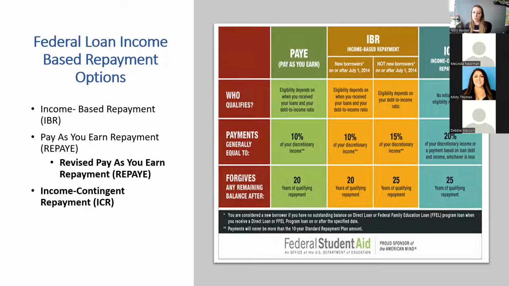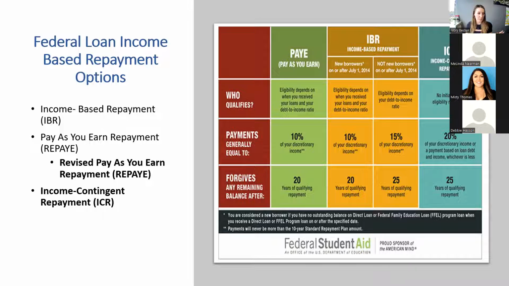All of these options are very similar and have very minor differences. So the main similarity is that they're all based on income and the size of your family and the percentage of your payment versus your income, rather than looking at your loan balance and then determining your payment from there. And all of these options will require you to submit documentation on an annual basis to prove that you're still eligible as well.